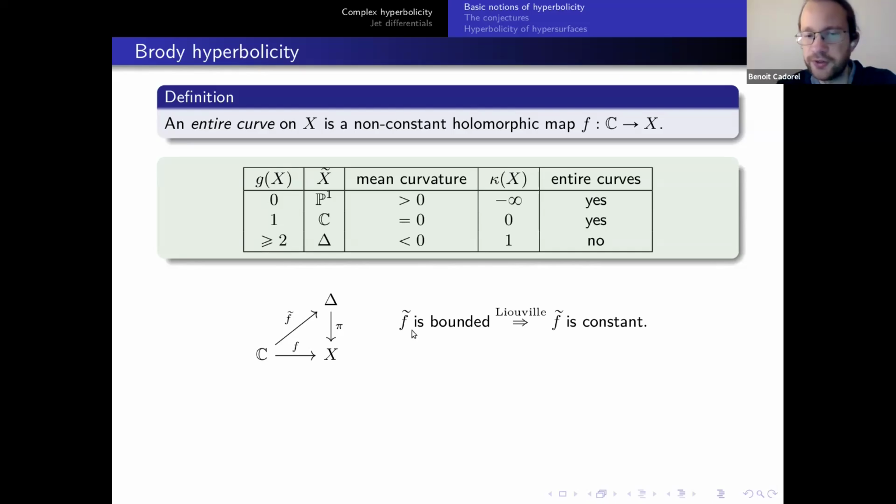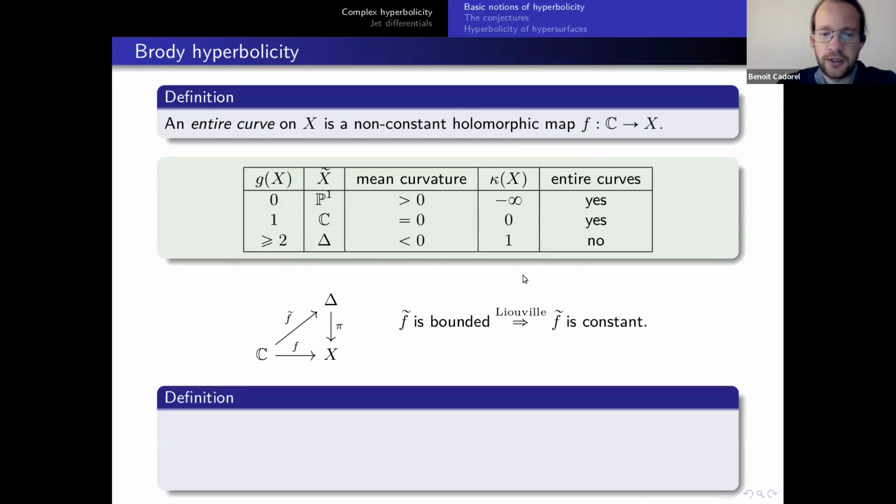And then you get a bounded holomorphic map from C to the disk. And Liouville's theorem tells you that f tilde has to be constant. So f was no entire curve in the beginning. And so in this situation, we say that X has a property of hyperbolicity.